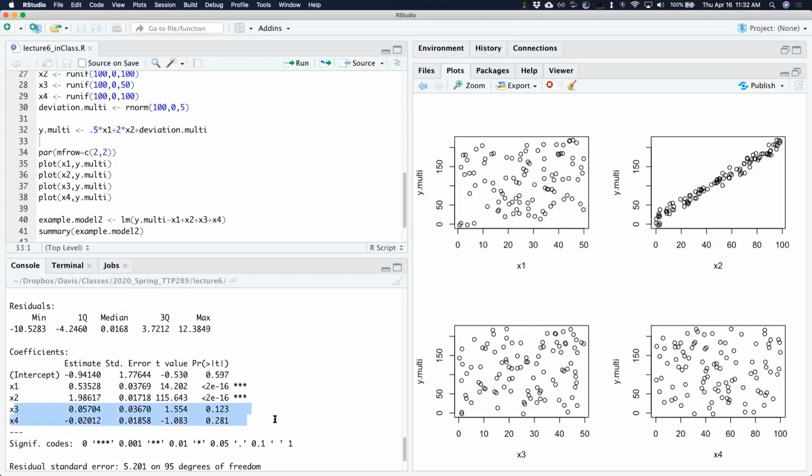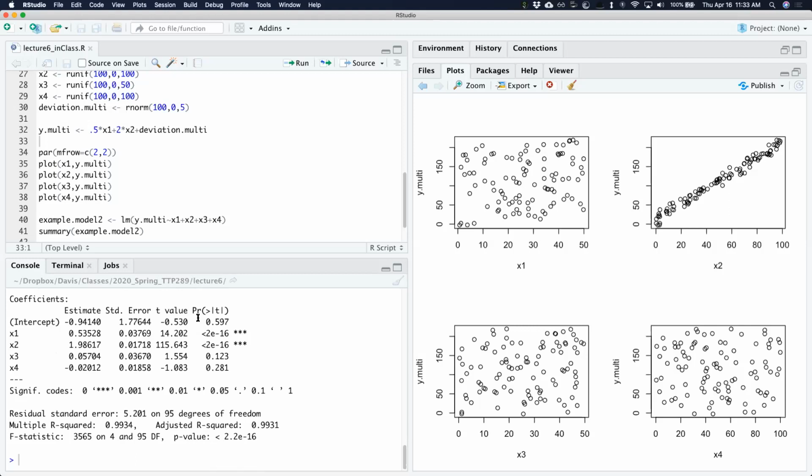Neither of these two are significant, which essentially means that for the coefficients estimated from this model, 0.057 and negative 0.02, we don't have a good reason to believe that those coefficients are different from 0. That's what our standard errors are telling us. So kind of thumbs up. This is what we wanted to get from our model, and it's telling us essentially the right answer.